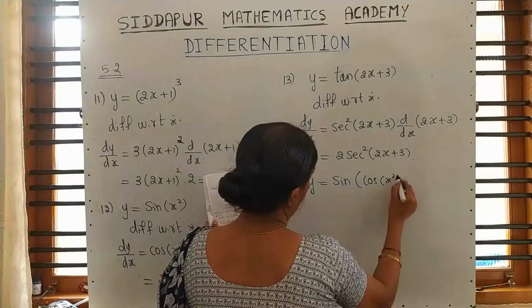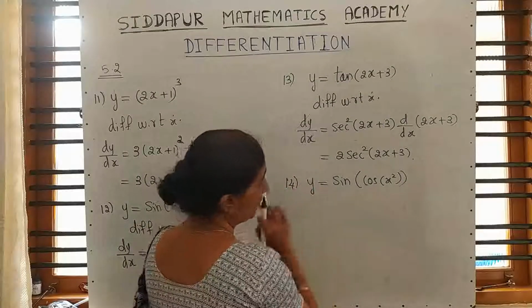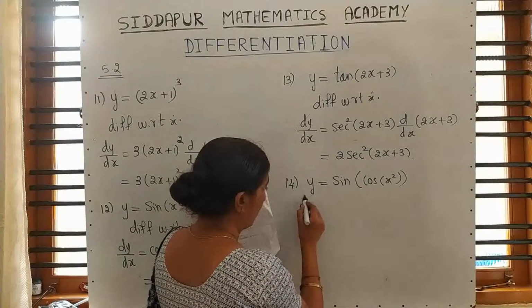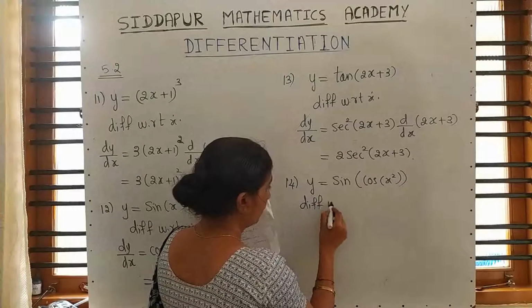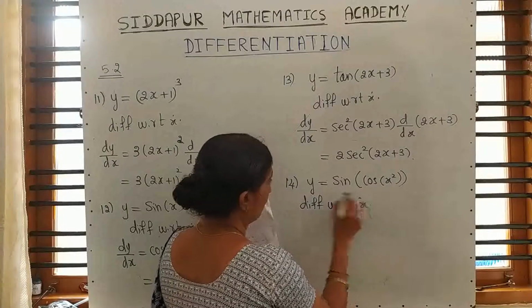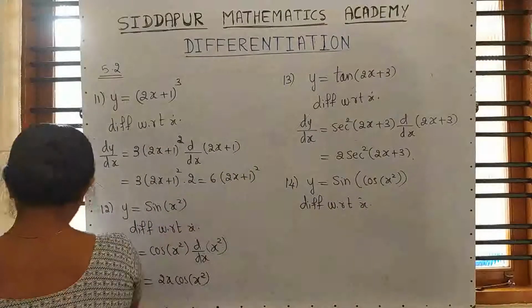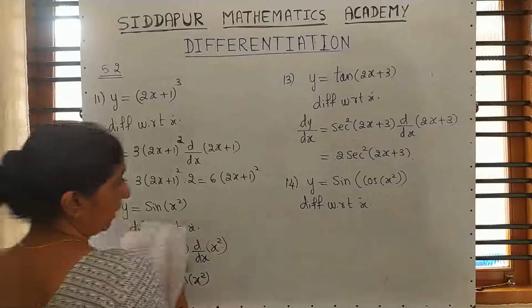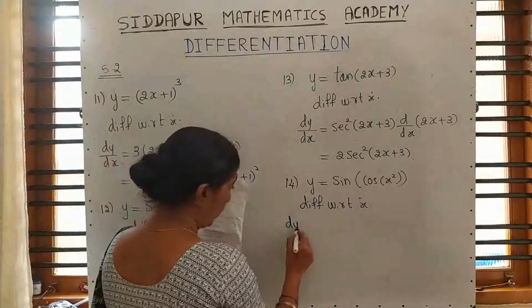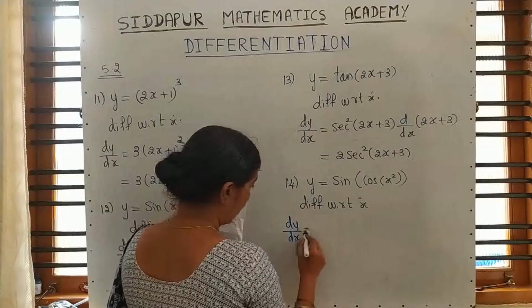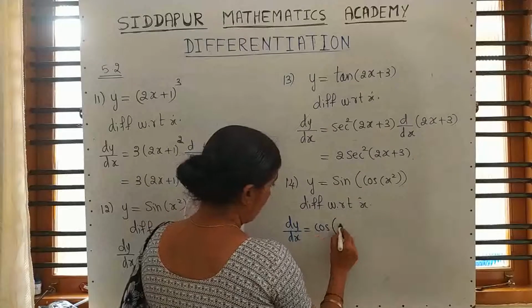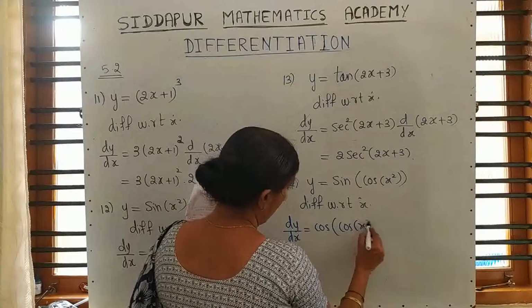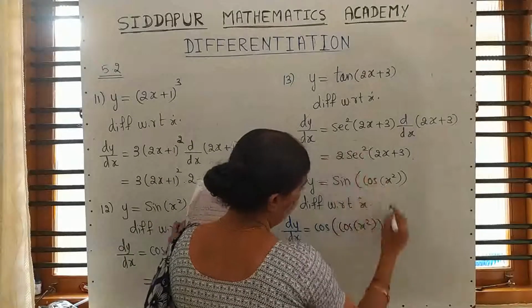Yes. What is the outside trigonometric term? Sin. Its angle is cos x square. Outside term is sin. So differentiation of sin will be cos. Cos of cos x square. Then close this side. What is remaining?